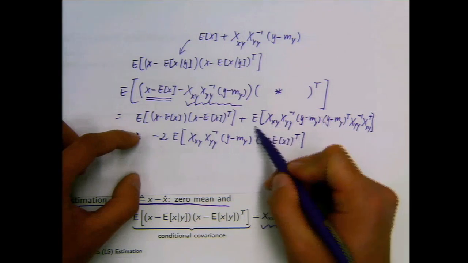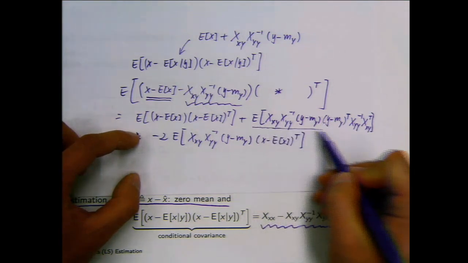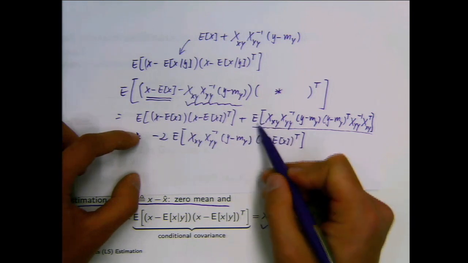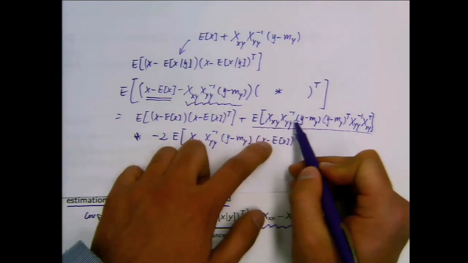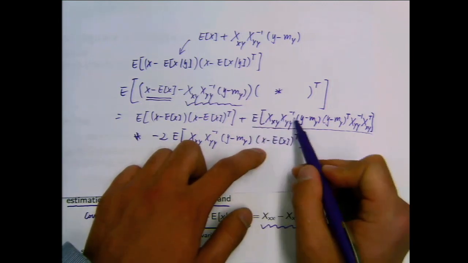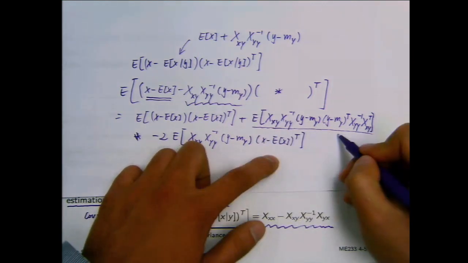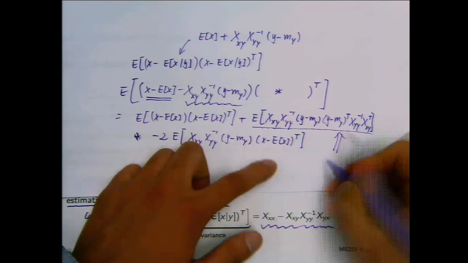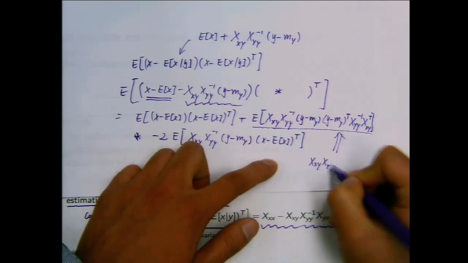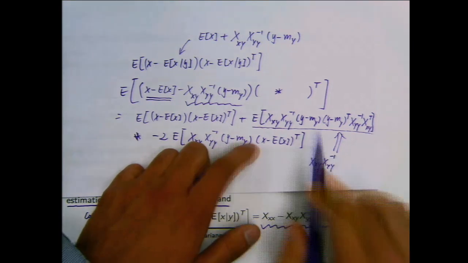So look at this term here. These are constant matrices, so the expectation can be taken inside. These are constant, doesn't matter. If you put this expectation sign inside here, this quantity is equivalent to Σxy Σyy inverse.